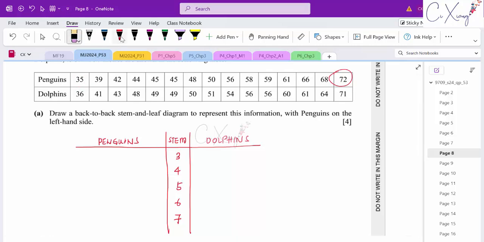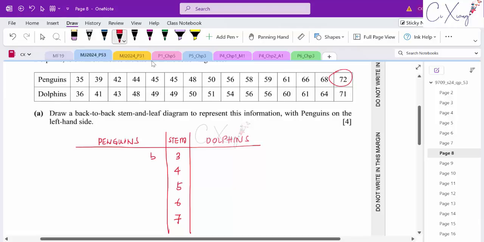So the first number is 35, so you put a 5 here, then 9, 42, 44, 45, 45, 48, and so on. So please make sure that you fill in all the values.